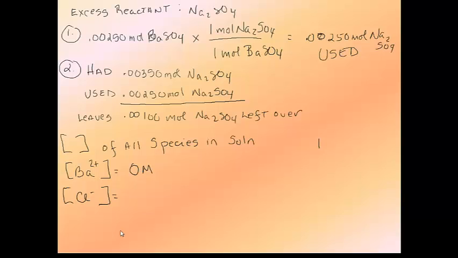According to my calculations on the previous slide, I have 0.00500 moles of the chloride ion in the total volume added together of 0.0200 liters, and that gives me the concentration of the chloride ions of 0.250 molar. Notice the volume. We've poured the two 10 mL together.